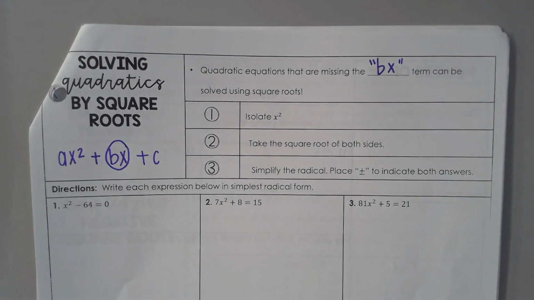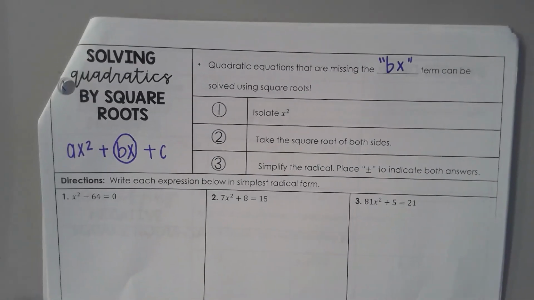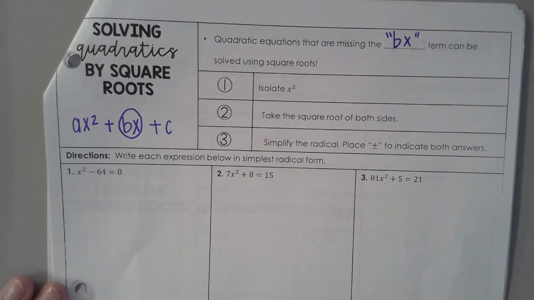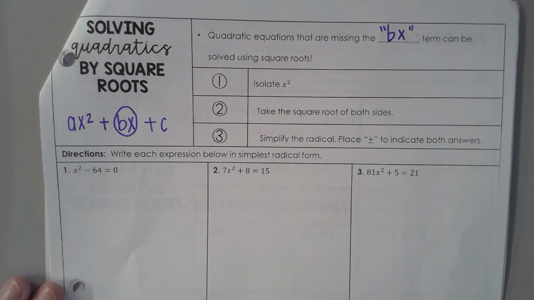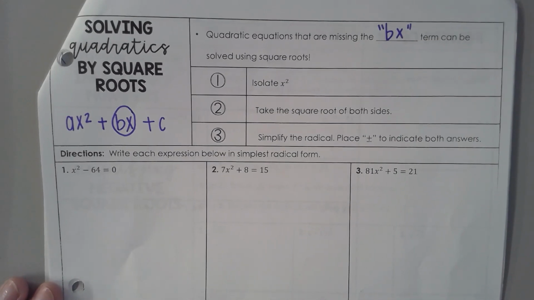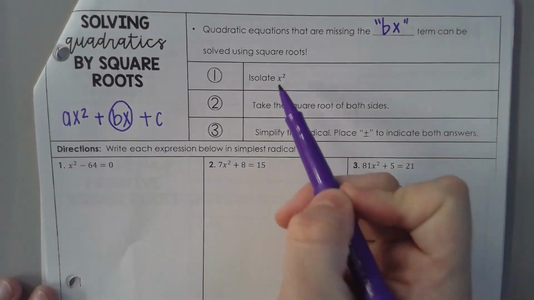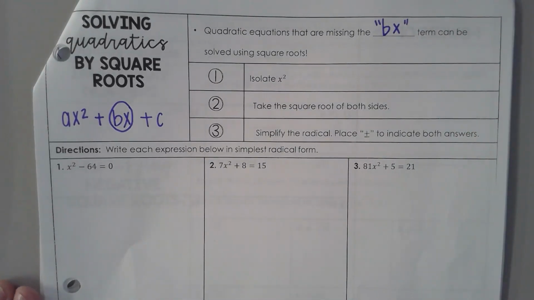There's an x squared, there's a number, just no x. You can use this method, and it tends to be quicker than factoring would be. Basically we're solving it like a 2-step equation that you would do in Algebra 1. So our goal is to get the x squared by itself, and then we take the square root. So let's look at number 1.